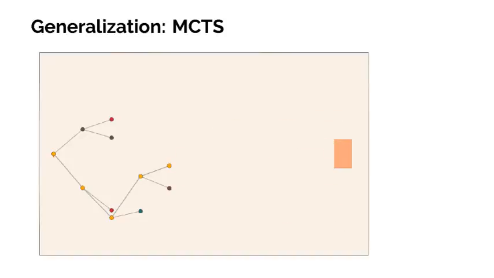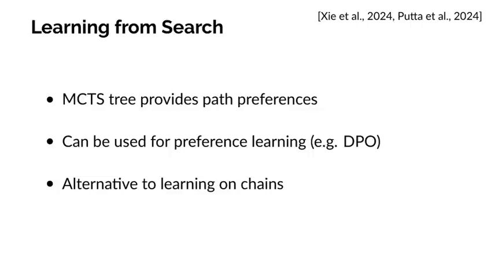Based on the success of these rollouts, we then update each of the parents. As mentioned earlier, the main benefit from this process is that when we do selection, we are basing that selection both on how well these nodes did and also how well they were explored. The benefit here is that we can explore many different possible chain of thoughts and try to find ones that we may not have explored in the past.